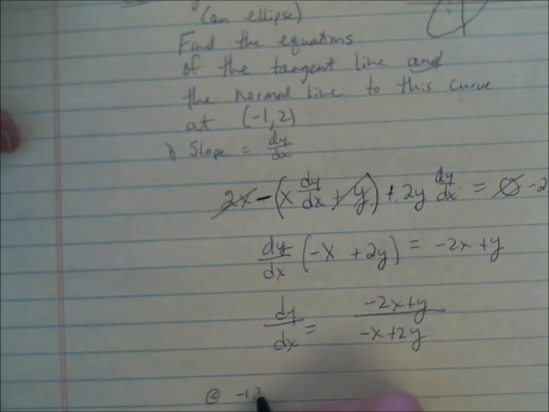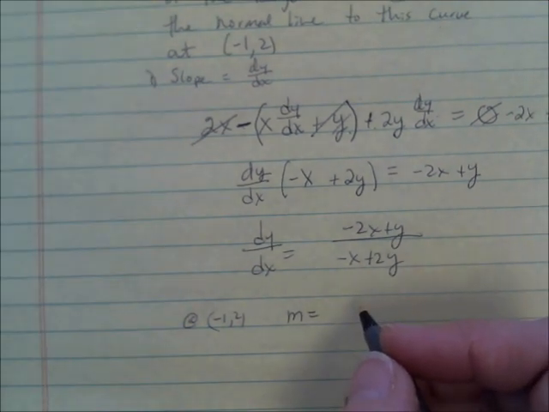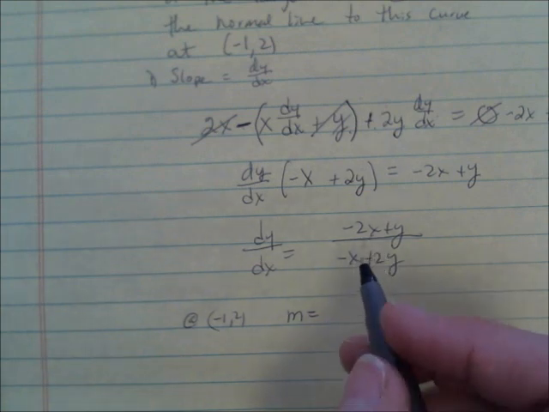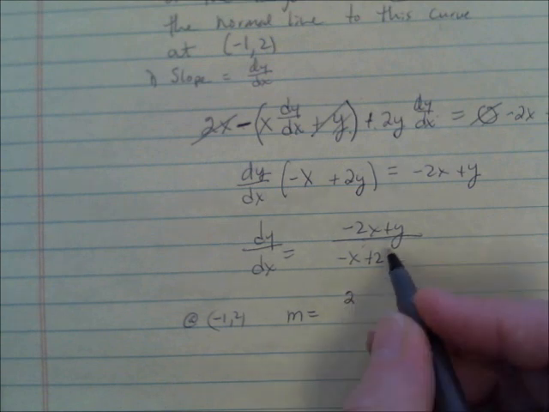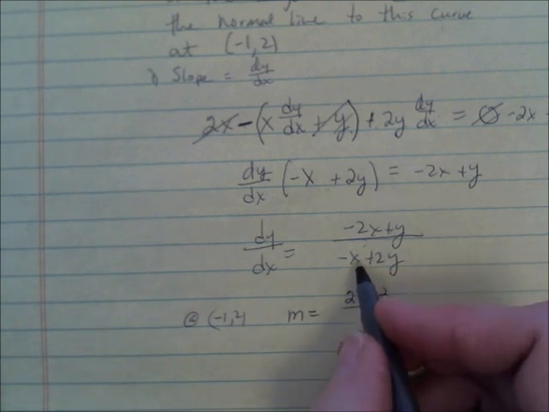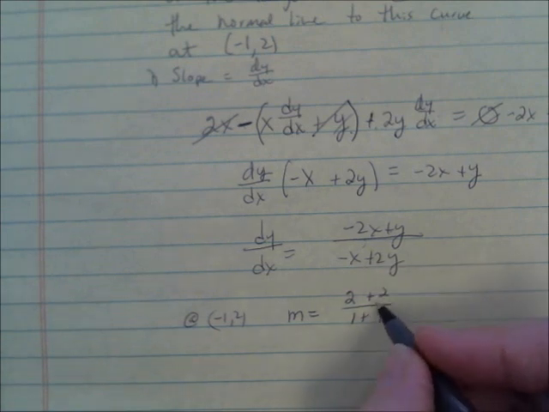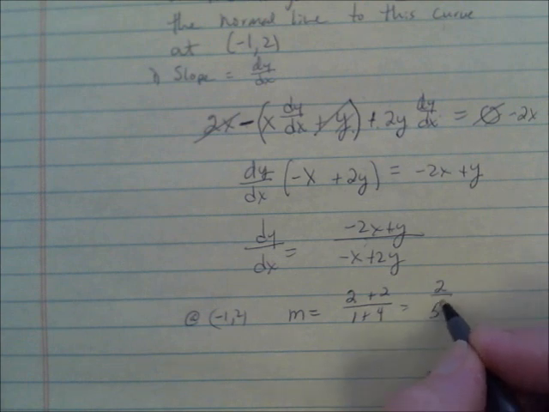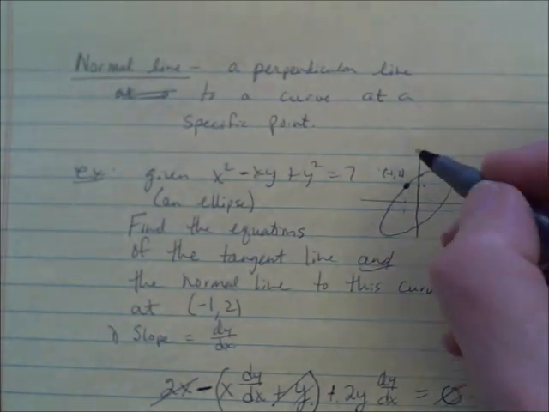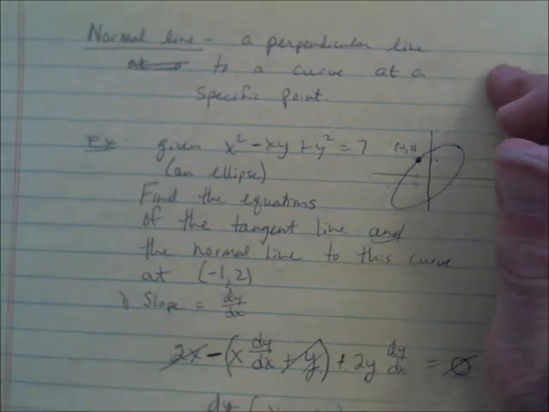At -1, 2, the slope is -2 times -1, which is 2, plus y, which is 2, all over negative x, negative 1 is 1, and 2 times 2 is 4. So it looks like the slope is 2/5. Hopefully I haven't made a mistake here. And that seems right if I go up and look at this ellipse; if I wanted to draw that tangent line, it looks like the slope might be about 2/5.